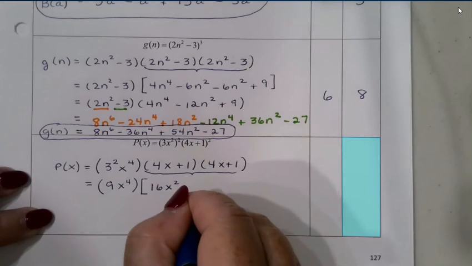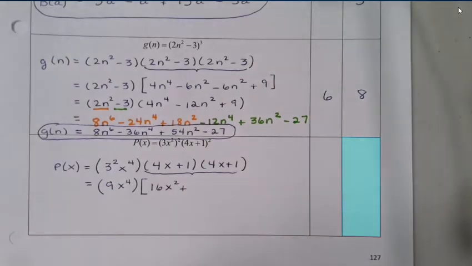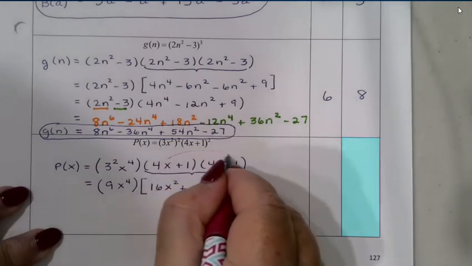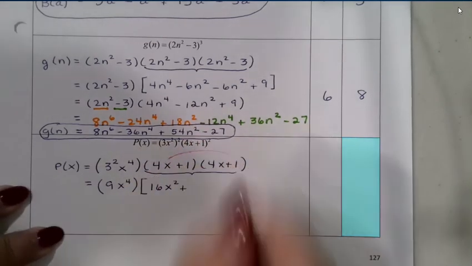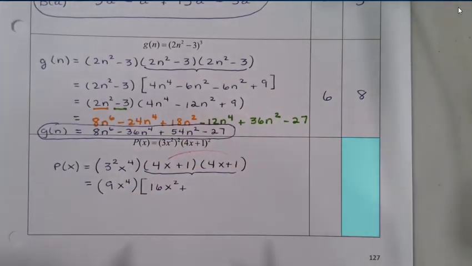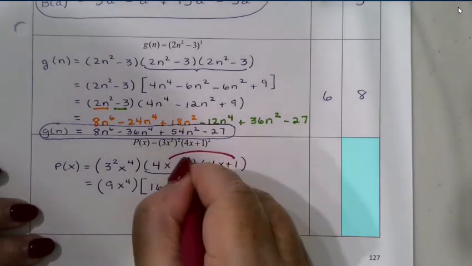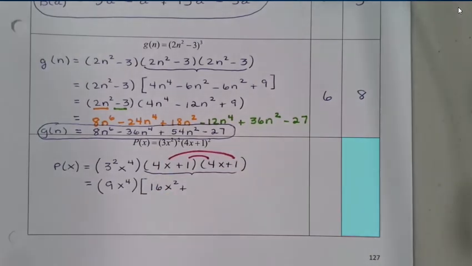16x squared. I'll show you a little something here. If you're thinking FOIL, you'd think of it as the outers and the inners. If you can see that, oftentimes those combine. And if they do, and you can kind of see it mentally, it's nice if you could take a little shortcut here.